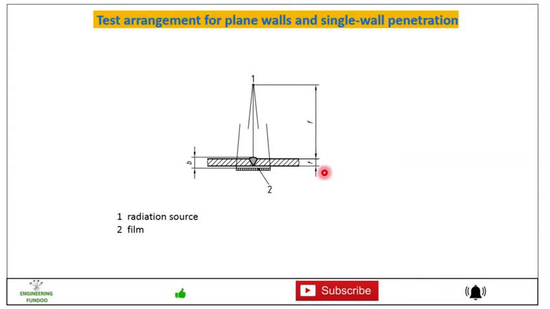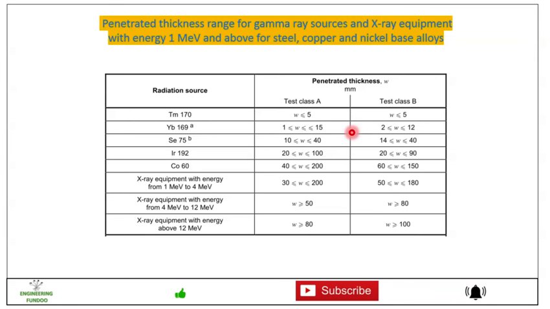So this is the T. Here you can see B, weld thickness, then F, the distance of source from the object, and here is the penetrated thickness range for gamma ray source and X-ray equipment with energy 1 MeV and above for steel, copper and nickel based alloys. So this is applicable only for steel, copper and nickel based alloys.